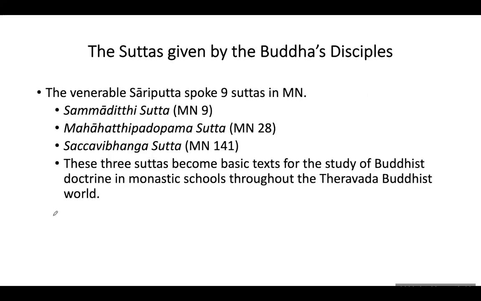Most suttas in the Majjhima Nikaya were preached by the Buddha, but some suttas were delivered by the Buddha's disciples. The Buddha's disciples delivered the transmission of the Buddha's teachings in the Majjhima Nikaya.